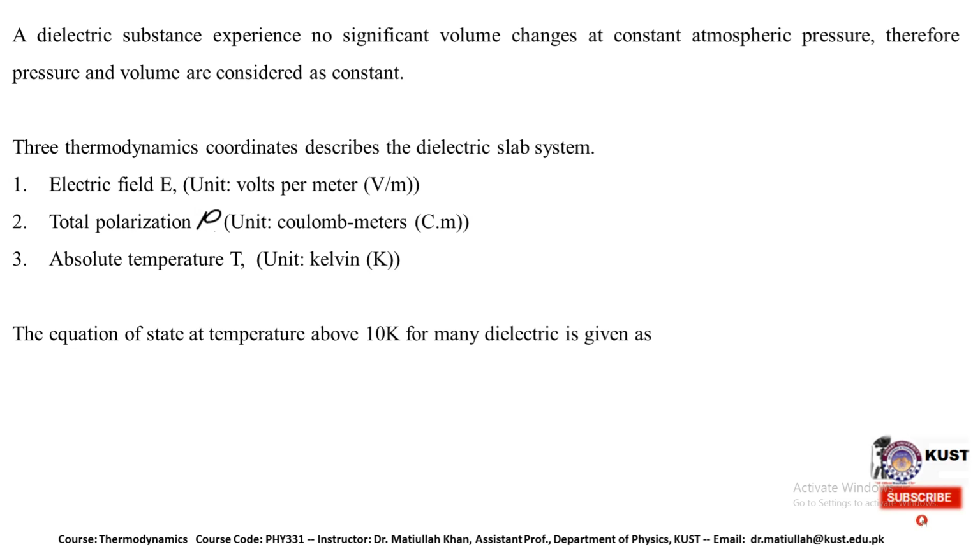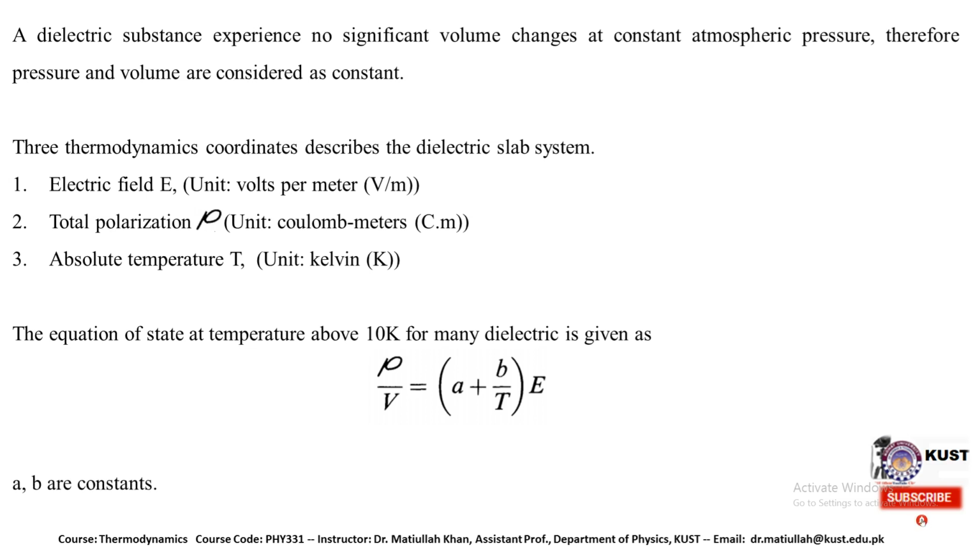So if we write the equation of state for a dielectric slab at an equilibrium position, the equation of state at temperature about 10 K for many dielectrics is given as P divided by V, that is the capital P, equal to A plus B divided by T, into E. Keep in mind this equation of state is always written for the equilibrium configuration.